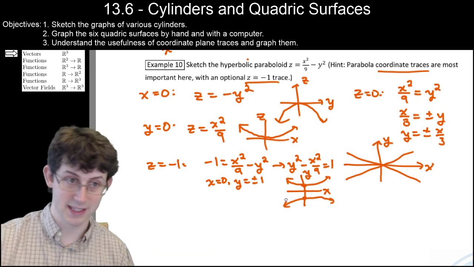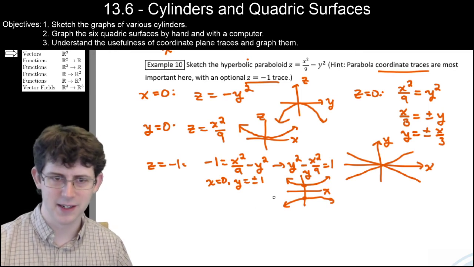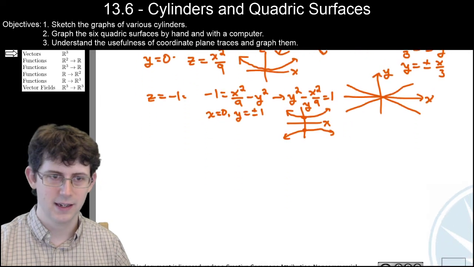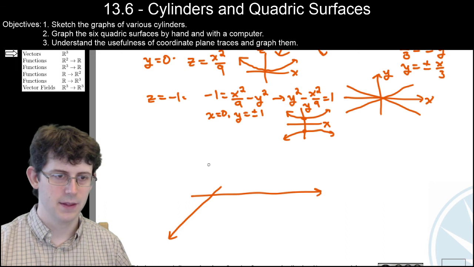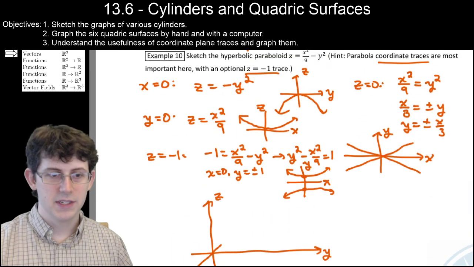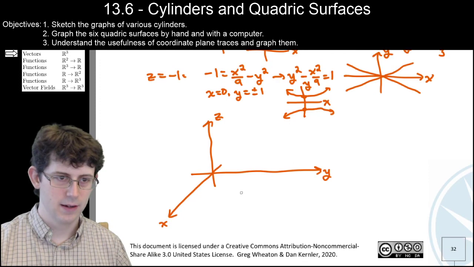So how are we going to piece all this together? I've got some parabolas in some directions, and some like lines in others, and some weird hyperbola stuff going on in the last direction. So let's try to put it together. We know it's supposed to look like a saddle. What's the easiest one to draw? Probably the YZ plane, because it's flat on the paper.